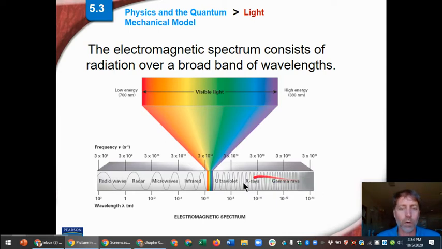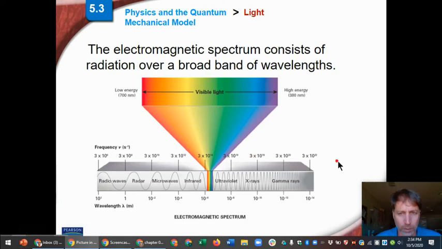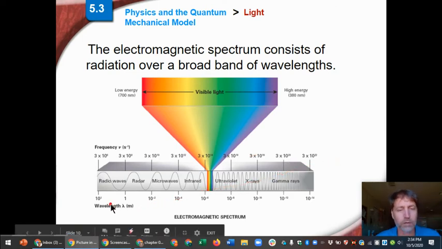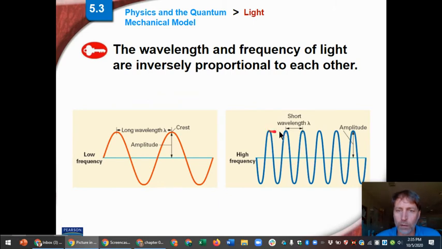As you go, the wavelength gets smaller as the frequency gets bigger. Let me say that again. The wavelength gets smaller as the frequency gets bigger, meaning the distance between the waves is smaller as the frequency, the number of times we see it, gets bigger. As the wavelength gets smaller, we see a higher frequency.